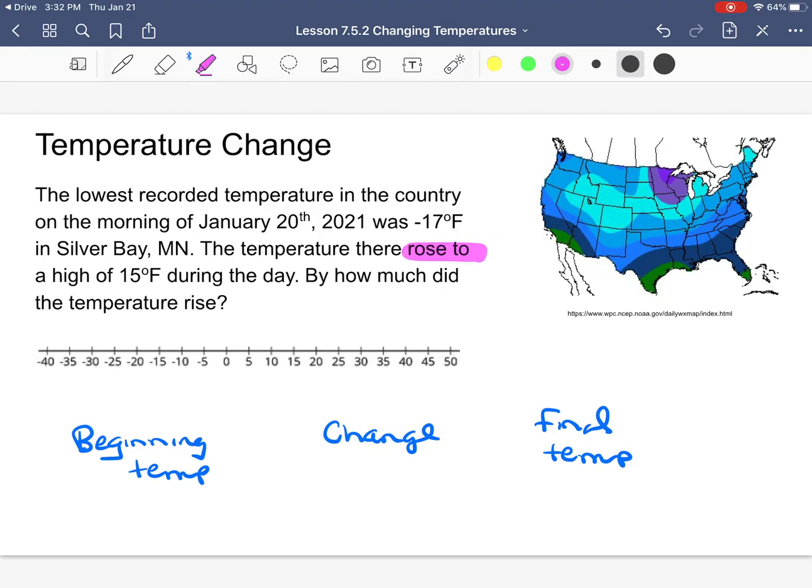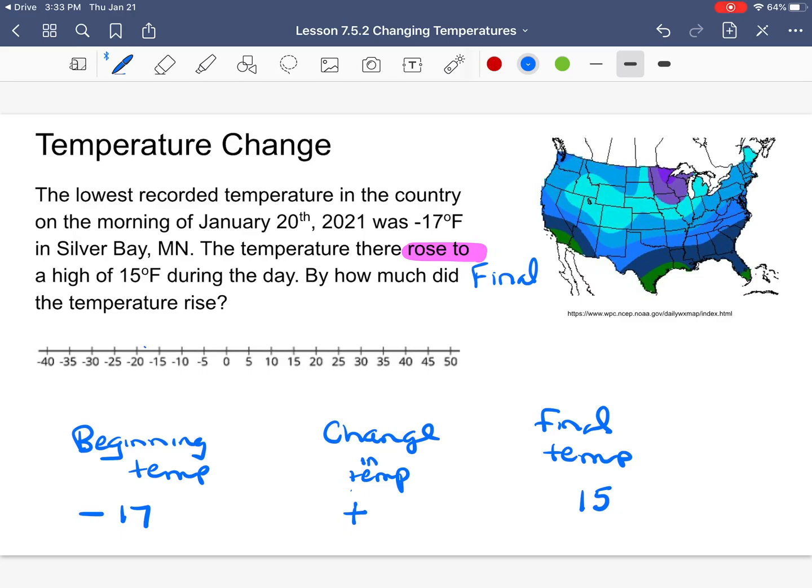So it didn't say rose by, it rose to a high of 15 degrees. So that means that was the final temperature. And it rose, so it's going to be a positive change. It started at -17. There's a positive change and it ended up at 15. What is that change in temperature?